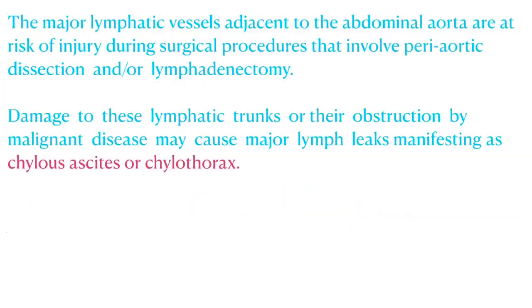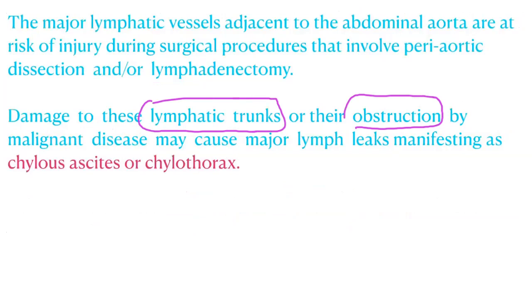The major lymphatic vessels adjacent to the abdominal aorta are at risk of injury during surgical procedures that involve periaortic dissection or lymphadenectomy. So damage to these lymphatic vessels or trunks, or obstruction by malignant disease, may cause a major lymph leak manifesting as chylous ascites or chylothorax.